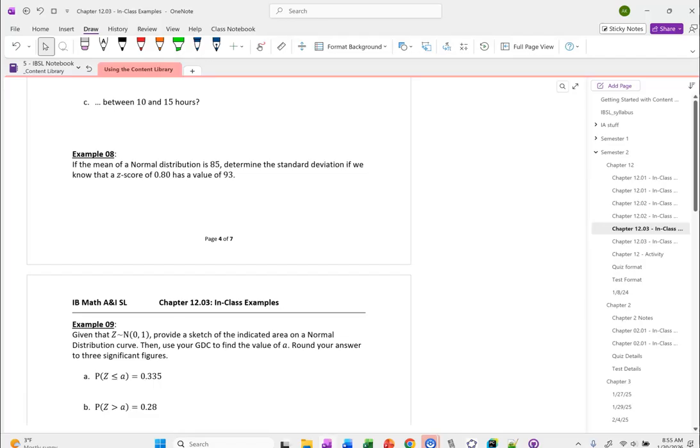So what formula are we going to need to use here? It says we have a z-score, right? Probably need the z-score formula.